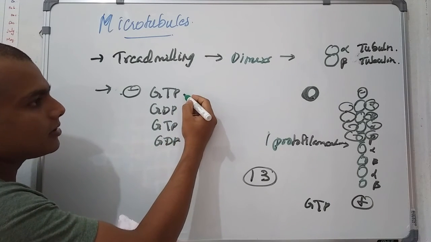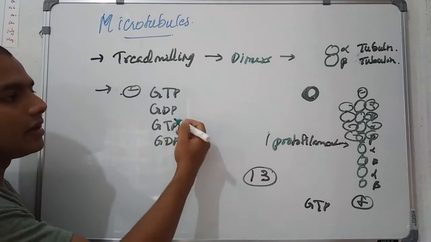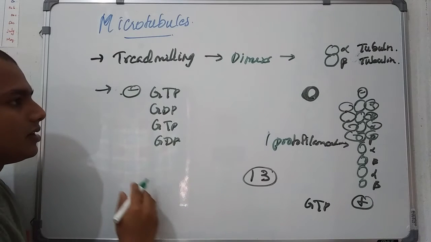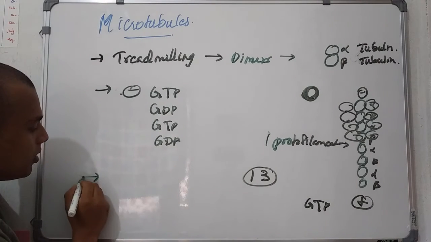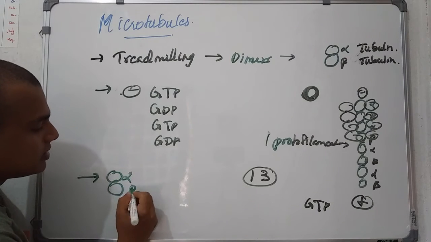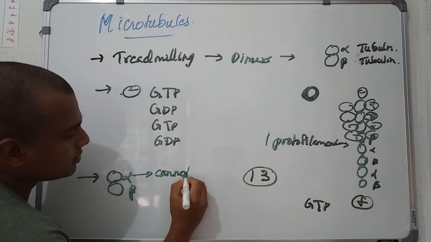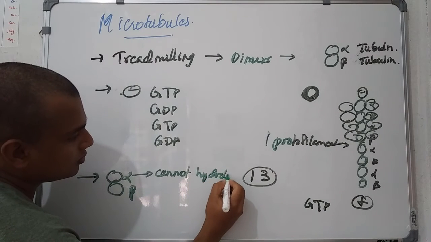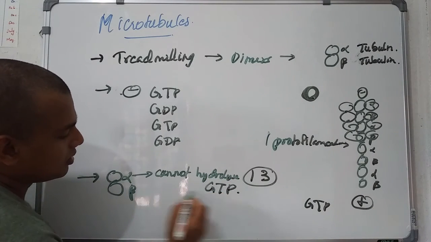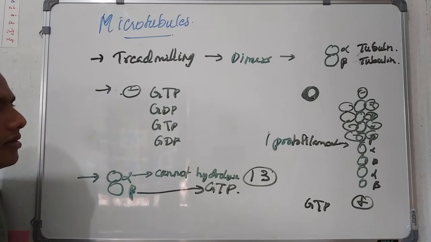In the positive end, it's just GTP. And another thing to know about the dimer is, this is alpha and this is beta. The alpha cannot hydrolyze GTP. Only beta can hydrolyze GTP. Keep that in mind.